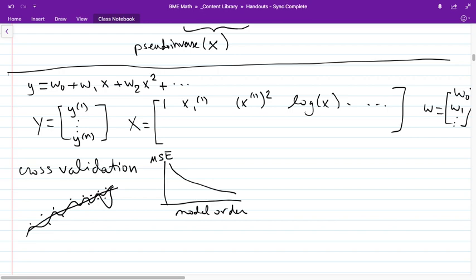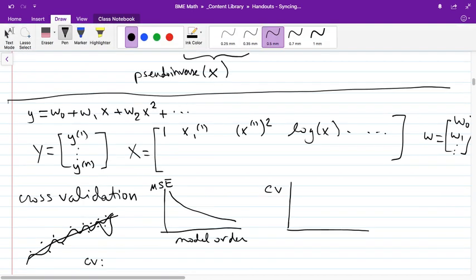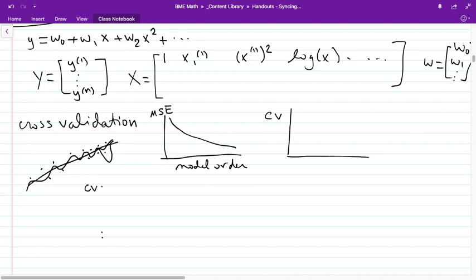But let's plot the cross-validation error. So what is the cross-validation error? So in cross-validation, we fit all the data points except one point, and then we repeat that for all the points.